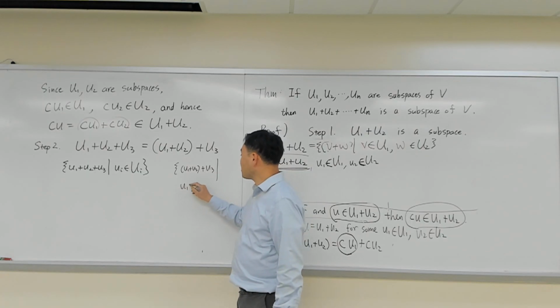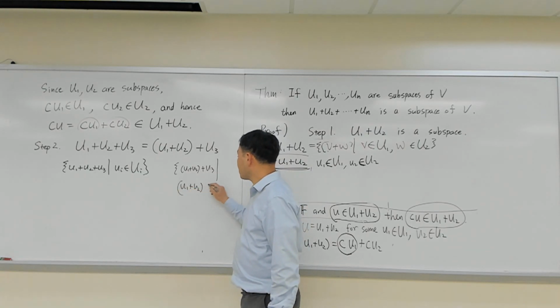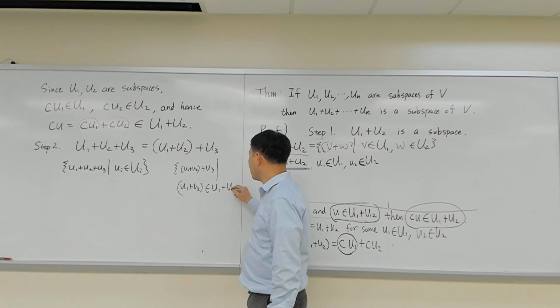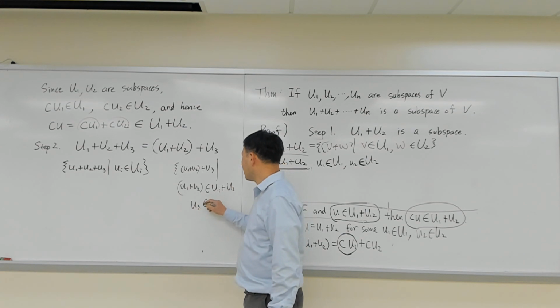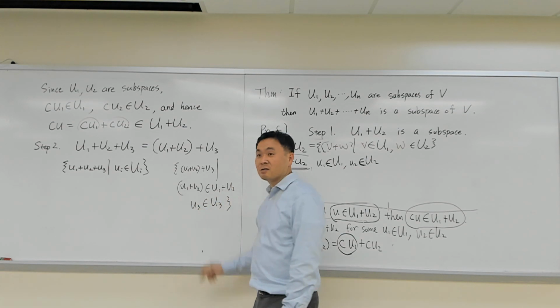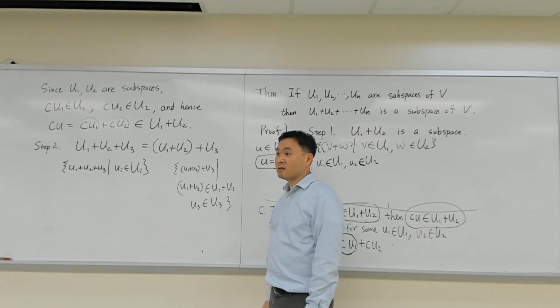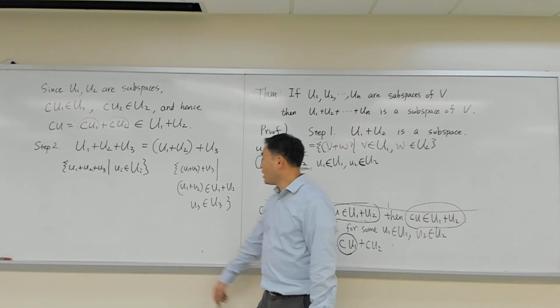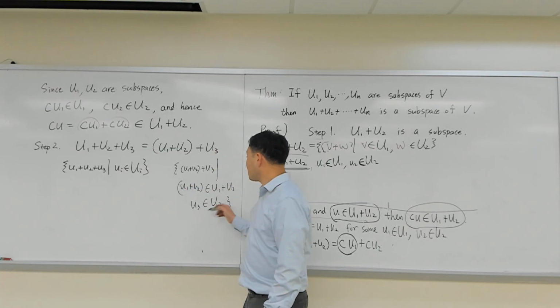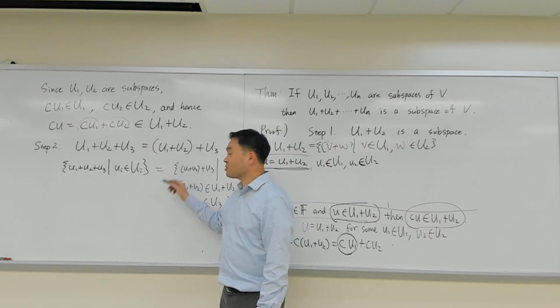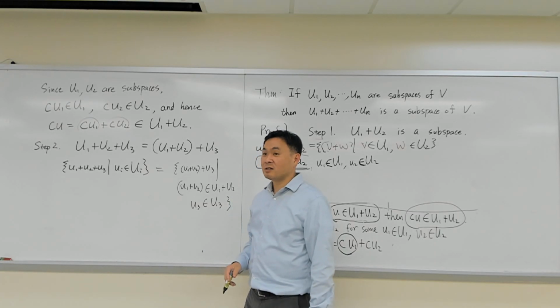Where u1 plus u2 is an element in U1 plus U2 and u3 is in U3. Right? Anything that looks like this can be written this way. Anything that looks like this can be written that way. So it's the same set. Okay?